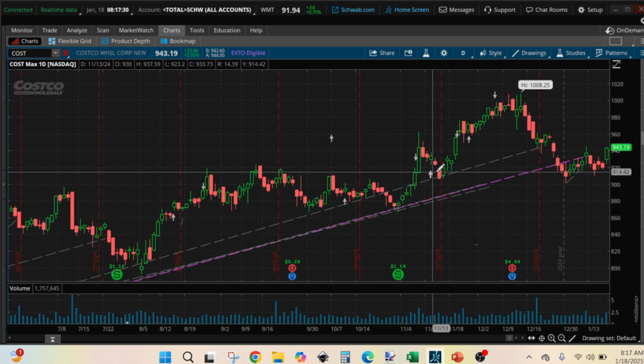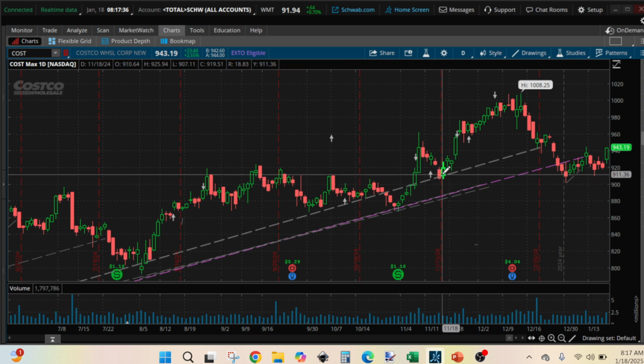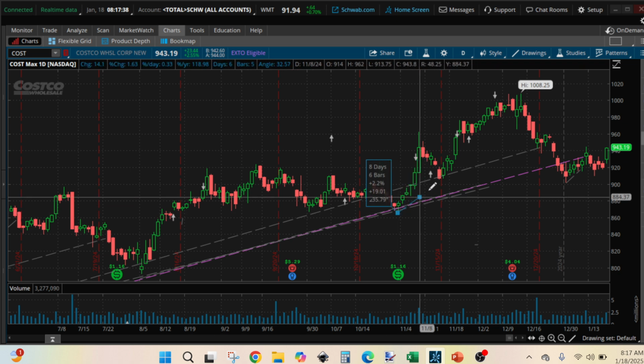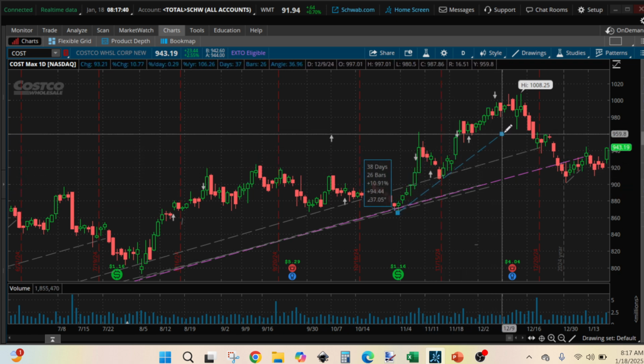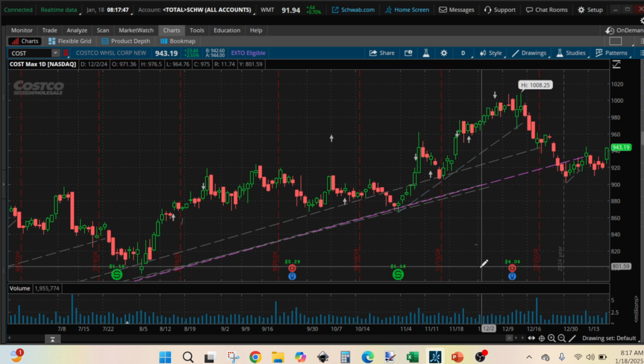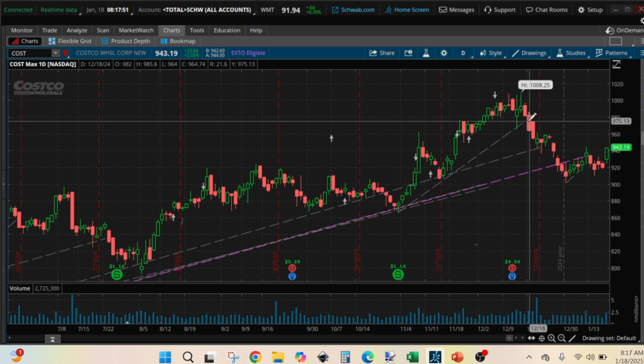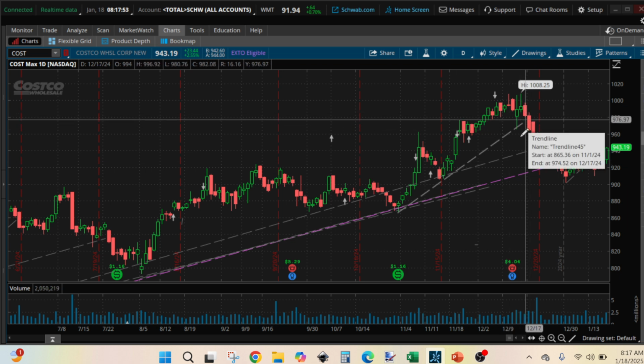Because if I wanted to trace a support line from here, I'm going to connect this point and this point. And if I connect these two lows, for instance, it is going to go somewhere here. So this short trend line, it is a support line. It's just a shorter one. And you can actually trade on that support line, but that support line ended here.